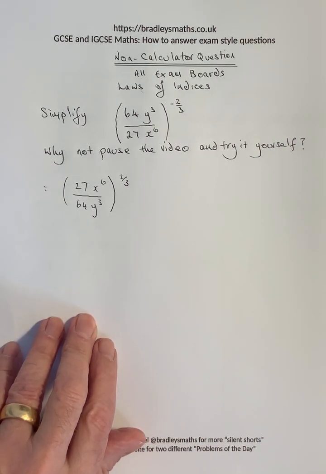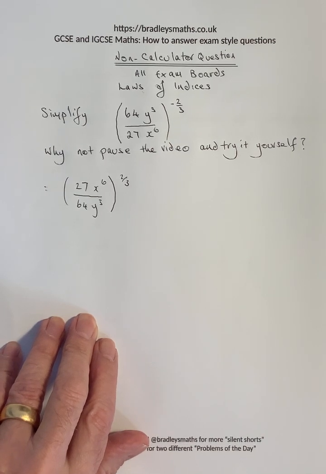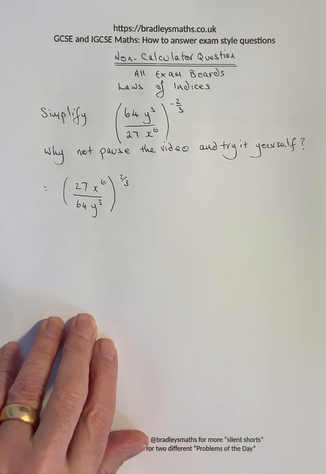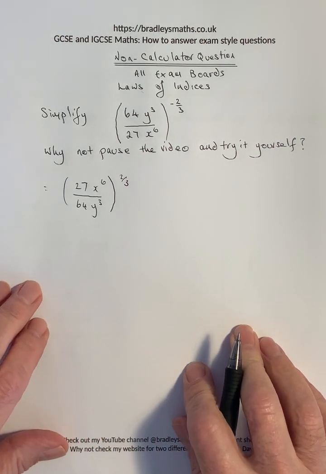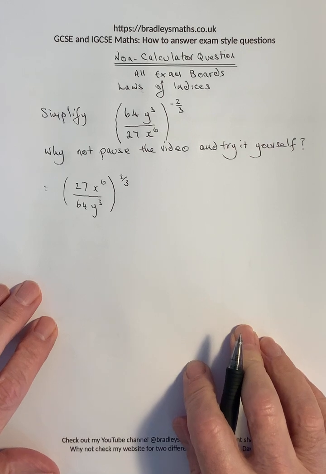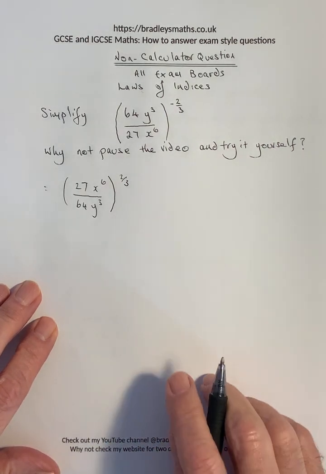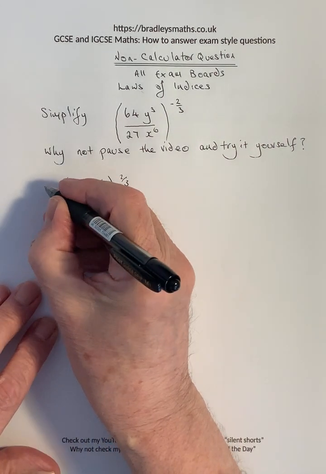We have a choice. We either square everything or we cube root everything. 64 squared, I'm not too sure of. 27 squared, I definitely can't do, not in my head. And as it's a non-calculator question, I can't use my calculator to sort it out.